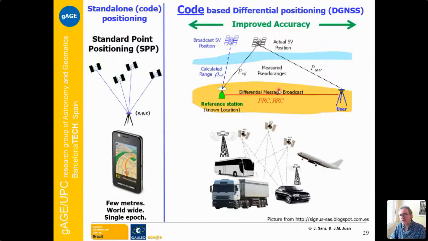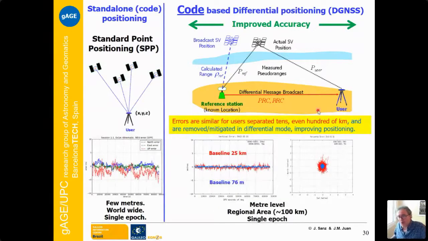Code-based differential positioning. Well, here we have, as we commented, a reference station that computes differential corrections. These corrections are sent to a user receiver, and the user applies this correction in order to remove and mitigate these errors.